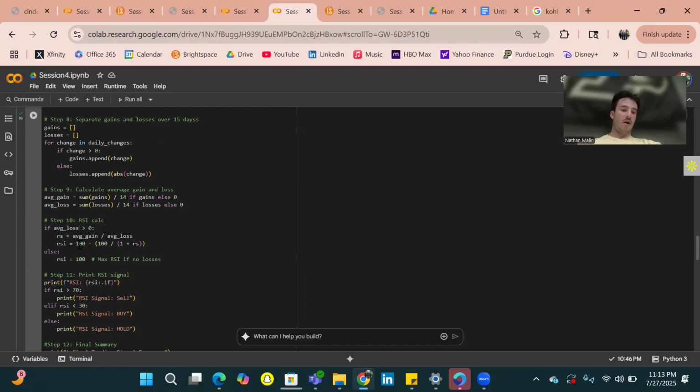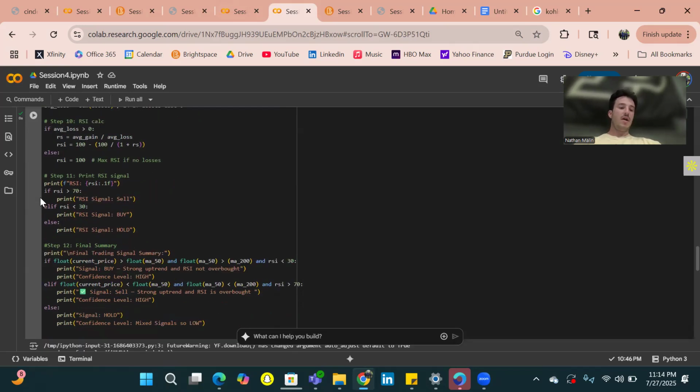So for RSI, this is our calculation. And else, RSI is 100, which is a max RSI if there are no losses at all, if it's all gains.